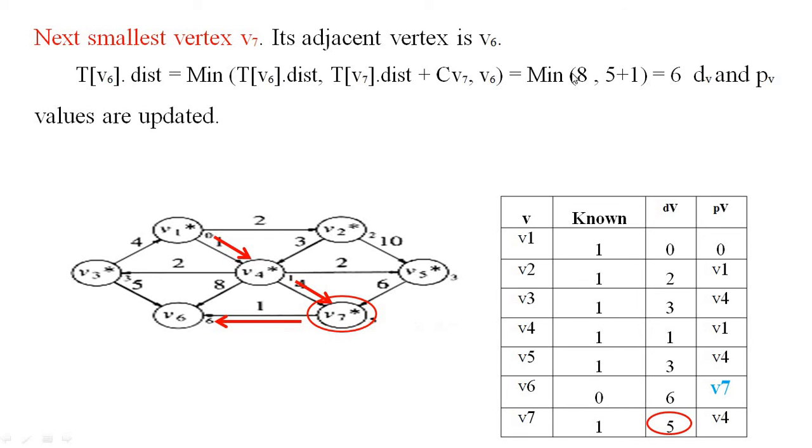The previous value is 8, and the current value is 5 plus 1, which is 6. So we rewrite 6 as the minimum value. We update the distance vector as 6 and the path vector as v7.